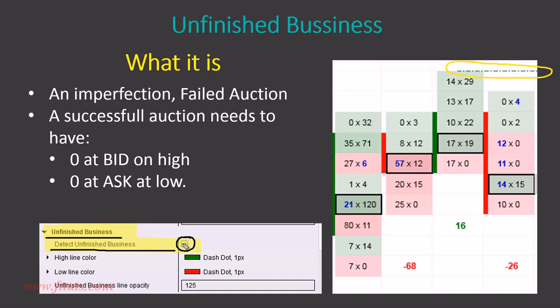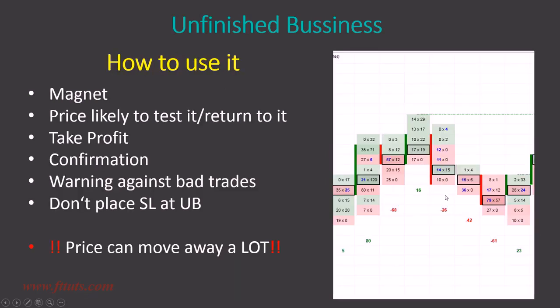Alright, if you tick this, then the program will automatically print a line like this, green or red, and this line will show until it is tested, until the price tests the unfinished business. So now you know what the unfinished business is, that it is an imperfection, you know where to turn it on, and now I'll show you how to use that in your trading.